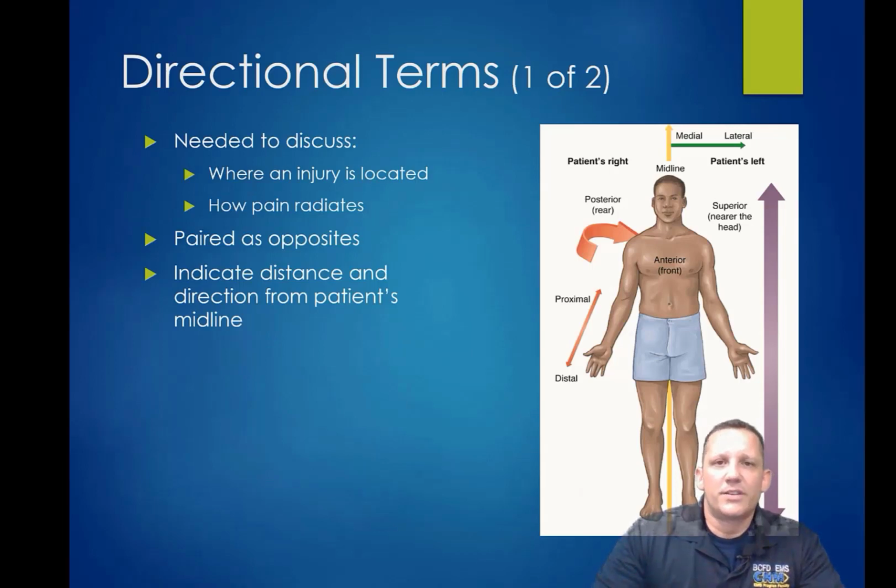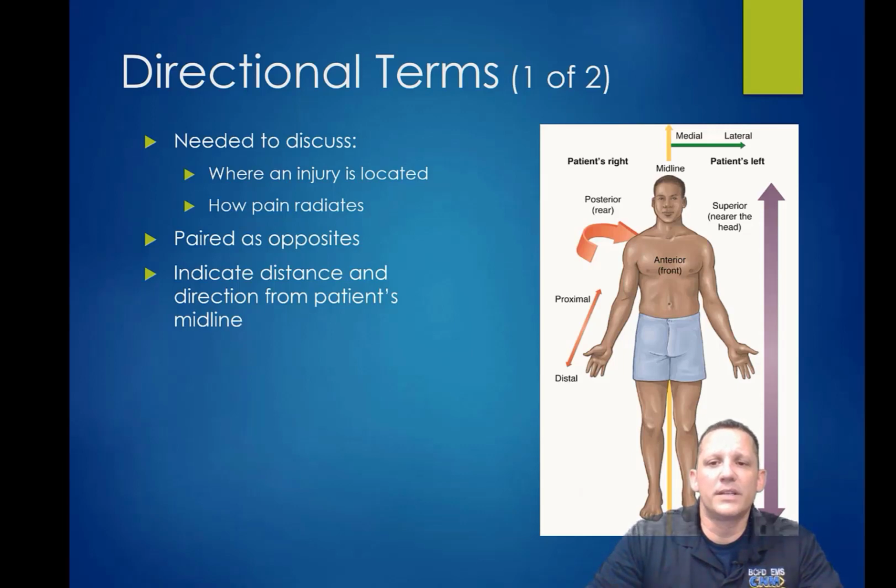So we want to make sure that we understand our directions. Directional terms are pretty important when we're trying to eloquently describe what we've assessed and where an injury or a deformity might be, or some other thing that you're trying to describe in regards to your patients, right? So superior, obviously, is going to be nearer the head or above.